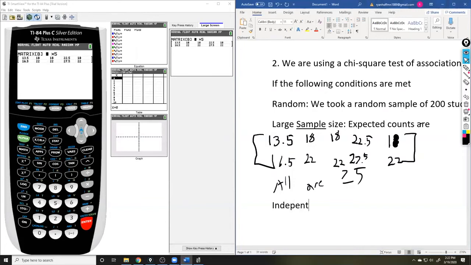Independent, there are at least 2,000. That's 10 times the sample size, in the population.